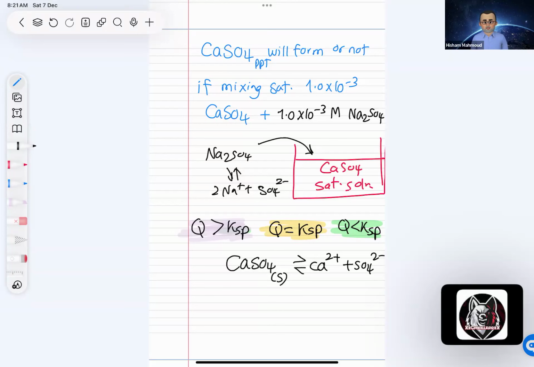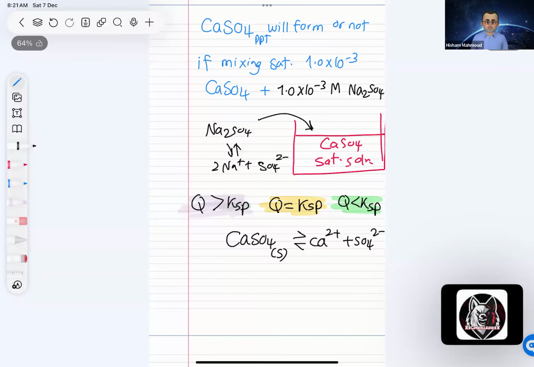Let's see, Yasin, how this answering differs from the other solution. Here, I did not start with anything initially, and I still don't have anything. So there is no solubility yet. I have nothing from the calcium or sulfate yet. Then some of the amount is going to decrease, so it will be a minus S, and this is going to increase by S.